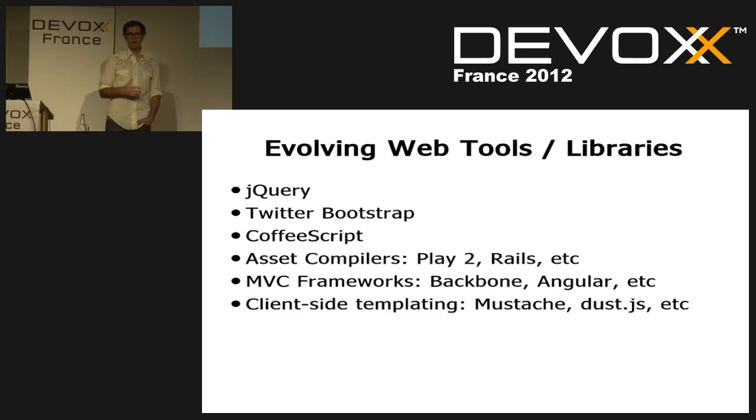So there's a lot of different options here as well. Again, same thing as the MVC frameworks. There are some forefront leaders in this space, but check out a bunch of them and see what fits with you. There's been some great blog posts that have compared the different client-side templating engines out there. So read through those, see what connects with the way that you want to write code, the way that's familiar to you.